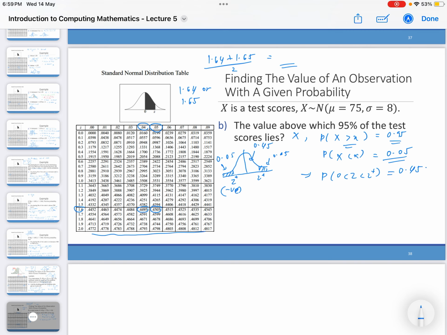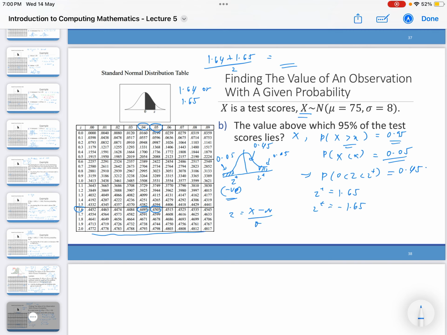Let's say I take 1.65. So Z star is equal to 1.65, and remember the original Z star is negative, so we have Z star equals negative 1.65. This is the value for Z, but we want the value for X. Again, we use the formula: Z equals X minus mean over standard deviation.